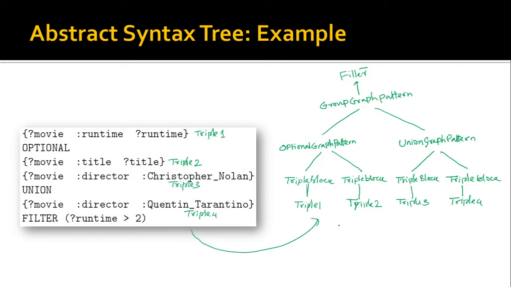So this is your abstract syntax. So basically you are creating an abstraction of this query so that multiple queries, though written in a different way, can be projected to a single abstract representation, right?